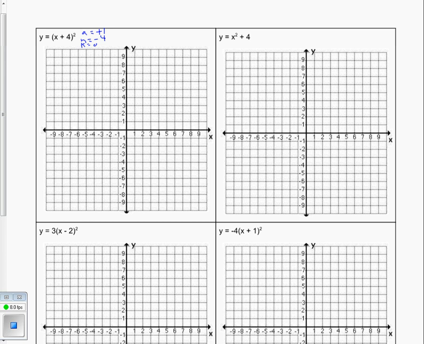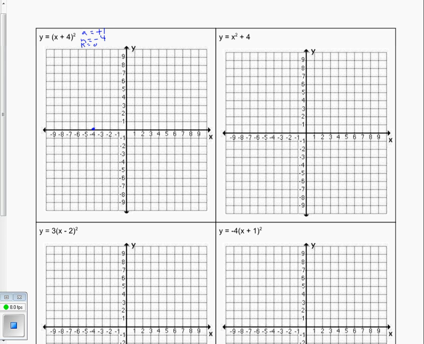So now we actually have a horizontal shift. Since the h value is equal to negative 4, that means that it is being shifted 4 units to the left of the vertex. And because our k value is 0, it remains on the line. So our vertex is at negative 4, 0.